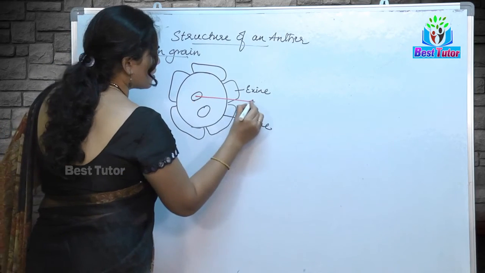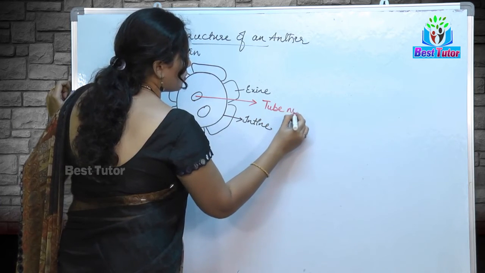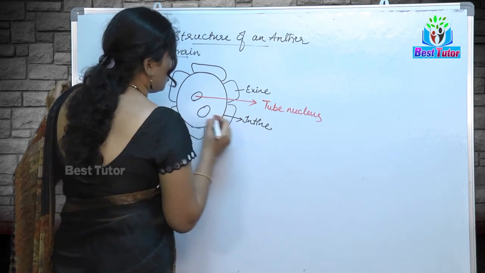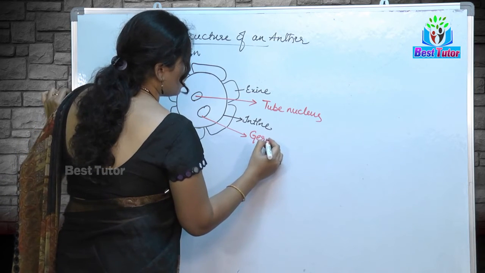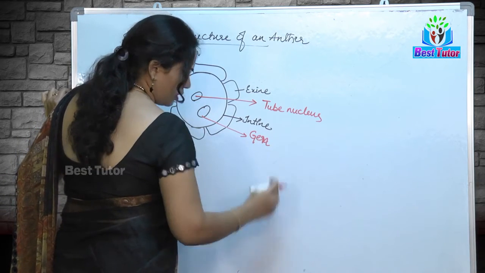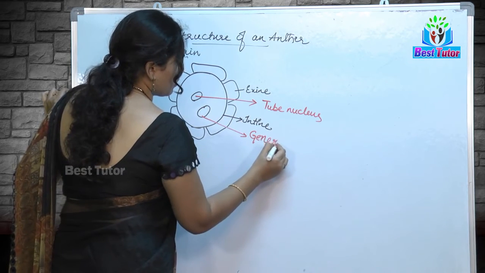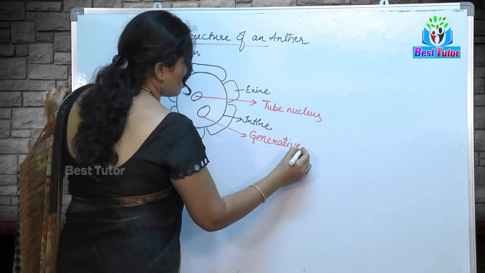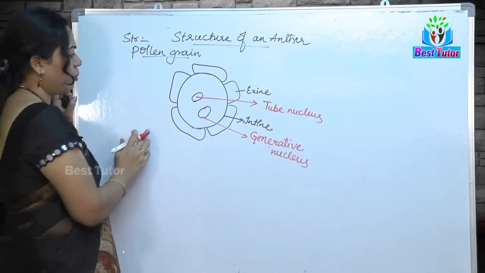One is known as the tube nucleus and the other is known as the generative nucleus. So this is the structure of the pollen grain, children.